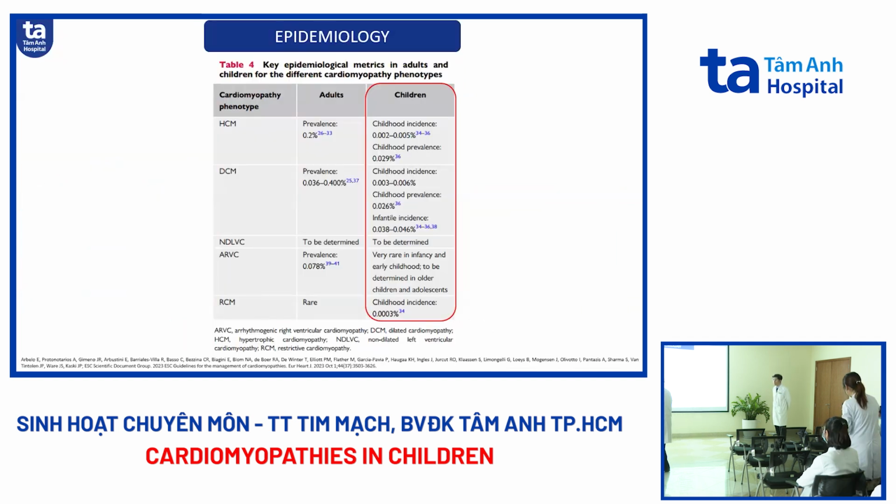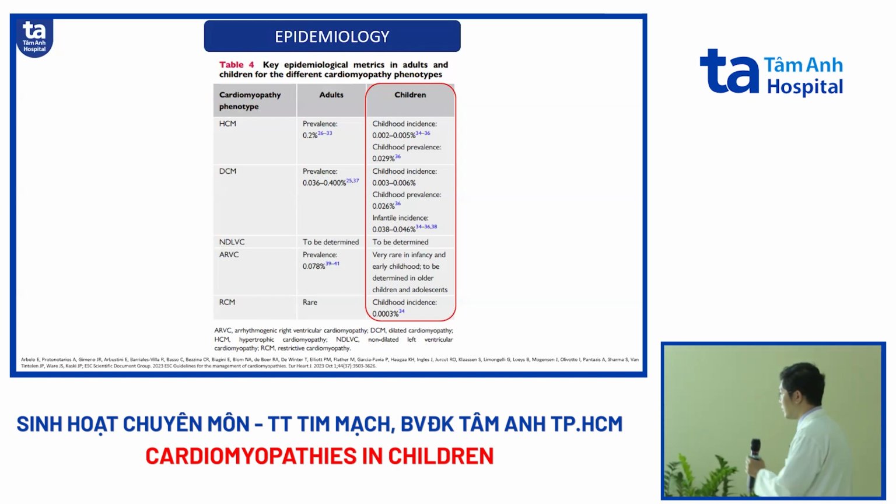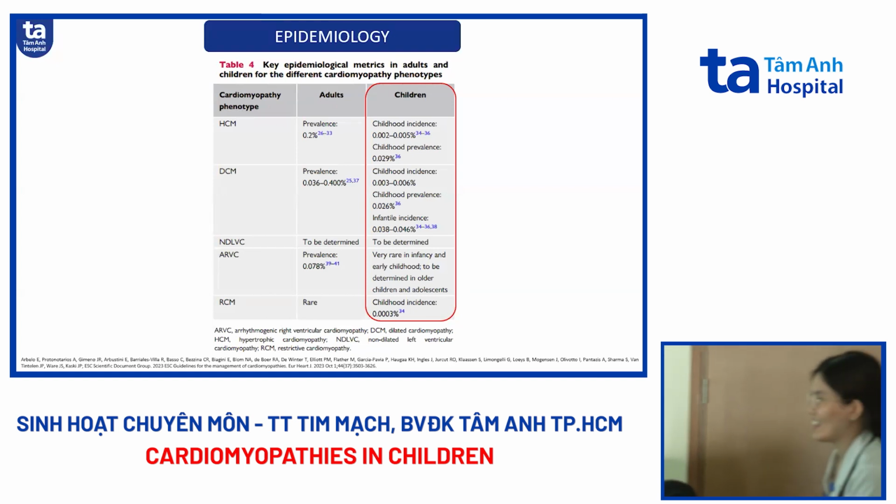Okay, Dr. Khoa, can you answer this? I think the prevalence of cardiomyopathies in children is very rare. So I think that we do not do genetic testing for all of the patients. You think this? Okay, Dr. Nhung, what do you think? Trang, okay, what do you think?